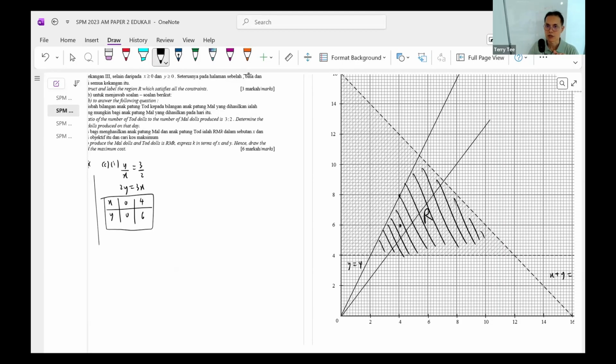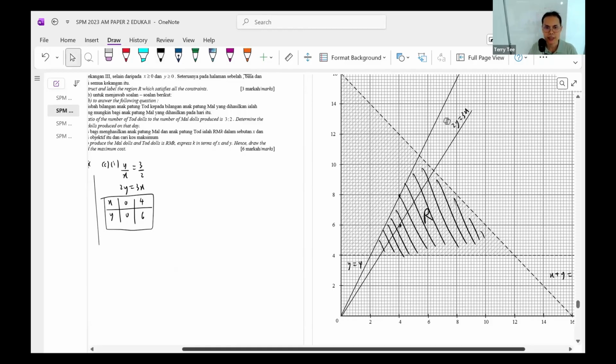This one here can. So 2y equals 3x. Now the question says, determine the possible value.